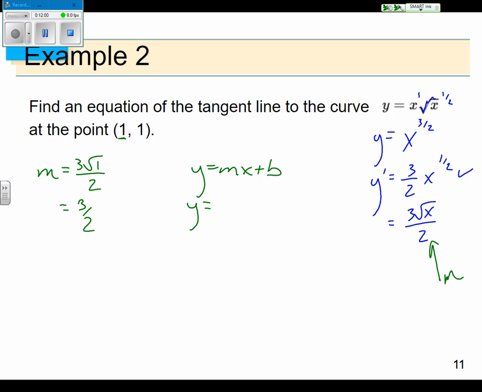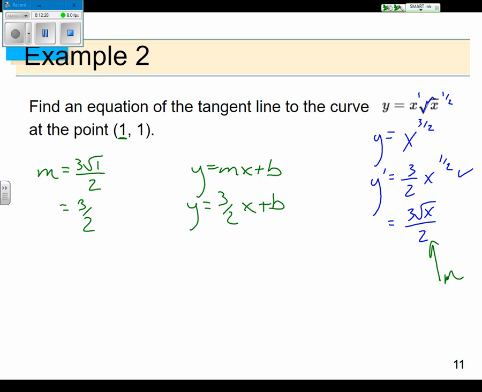I'm going to go ahead and plug in that slope right here. Now I think it's going to be easier to plug in x and y. If you're plugging in 1 here at the same time that you're plugging in 1 for x and y, I think that's going to get hard. Because I'm finding the slope at this point right here. I'm finding the slope at x equals 1.